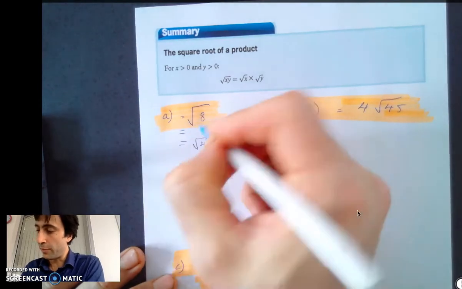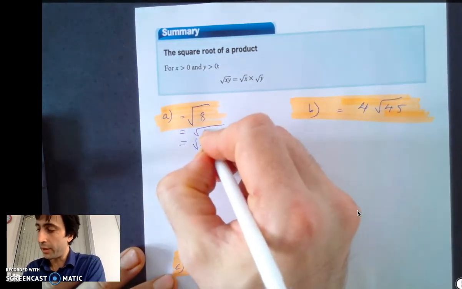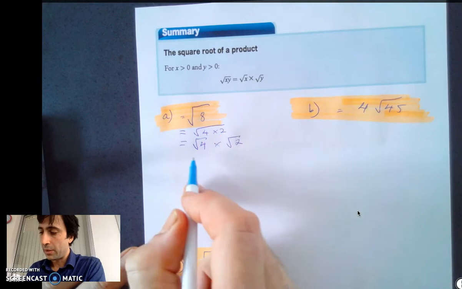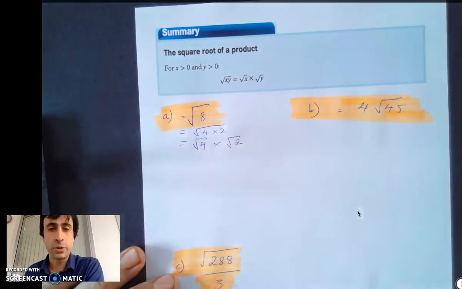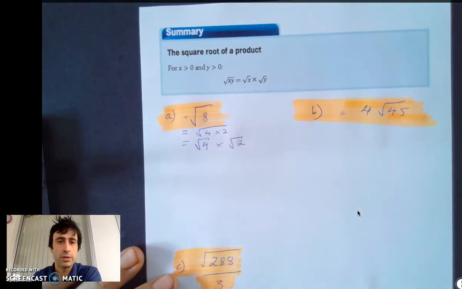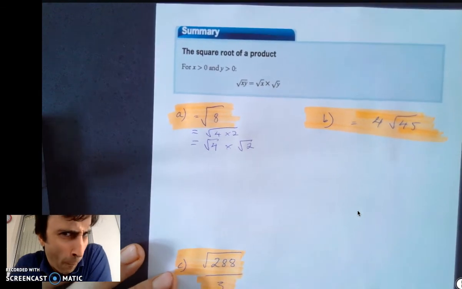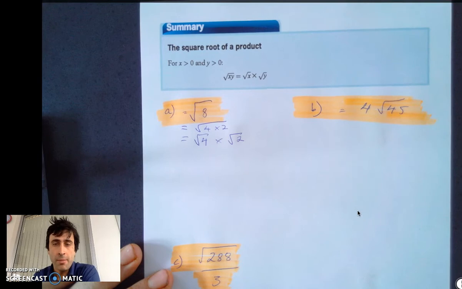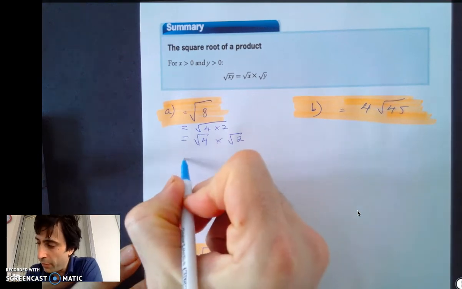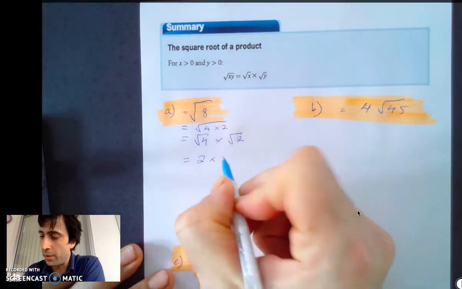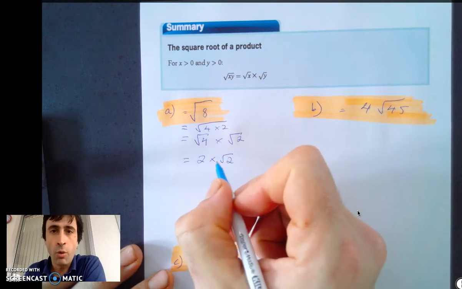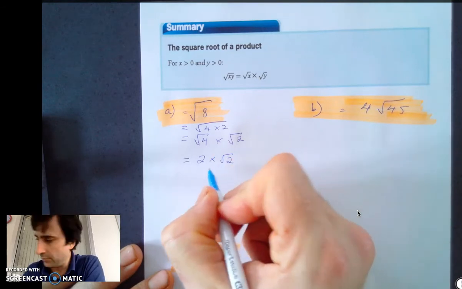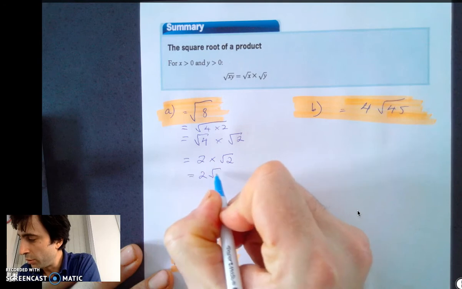Alternatively, you could put a line of working out in here, which I usually leave out, 4 times 2, which equals root 4 times root 2. Now, some of you are looking at this and going, oh, I know that root 4 is actually a whole number, and therefore we can simplify this as 2 times root 2, or 2 root 2.